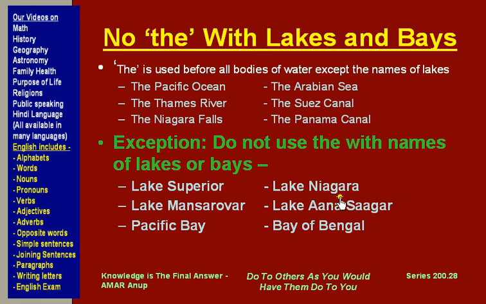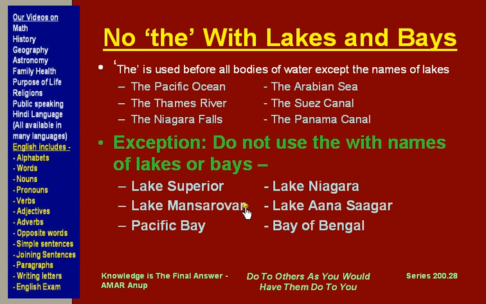Remember the Niagara Falls, there is "the" before Niagara Falls, but there is no "the" before Lake Niagara. "The" is used with all water bodies except the names of lakes and bays. And here is another example, Lake Anasagar. It's a lake in the city of Ajmer.